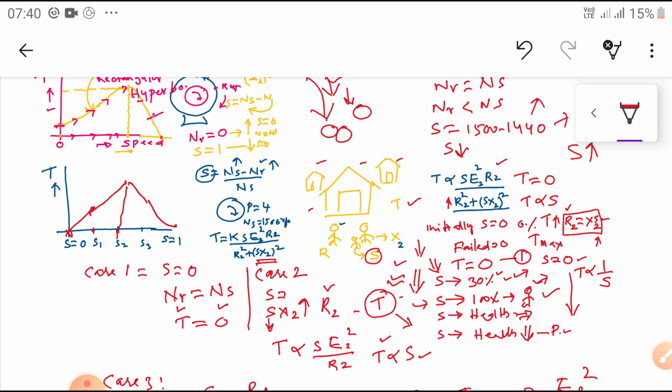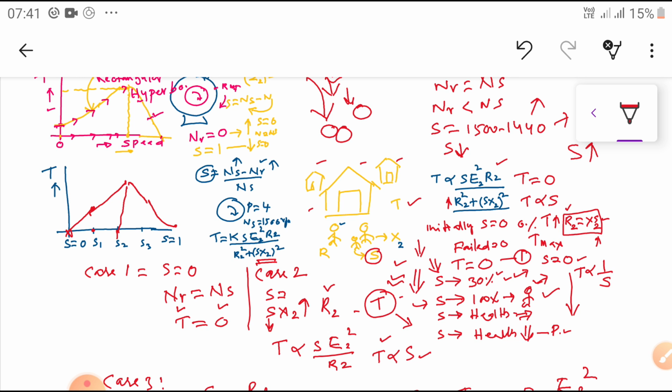Sx2 is neglected, R is dominant, so we get torque equal to S into E2 square by R2, then torque is directly proportional to S by R2. That means the torque and slip are proportional; when the slip increases, torque also increases linearly. That is the second case.